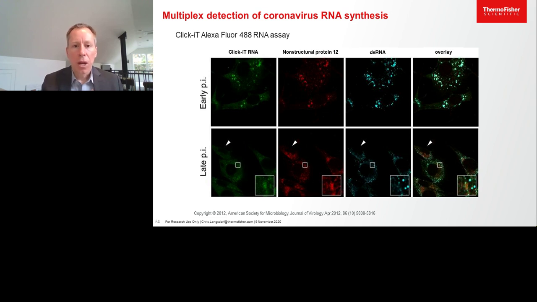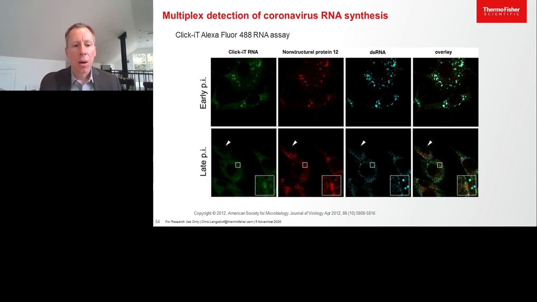We can transition this into a multiplex experiment combined with antibodies against the coronavirus non-structural protein 12 and an antibody against double-stranded RNA. And as you see in the bottom insets, we can begin to co-localize foci of viral RNA production, the viral protein, and double-stranded RNA in the same place.